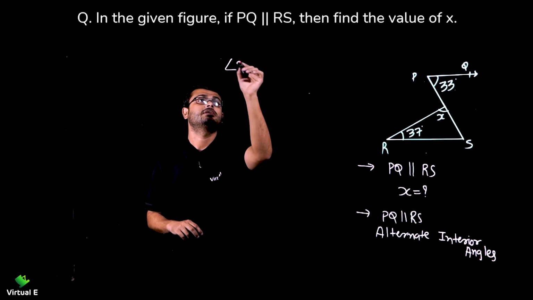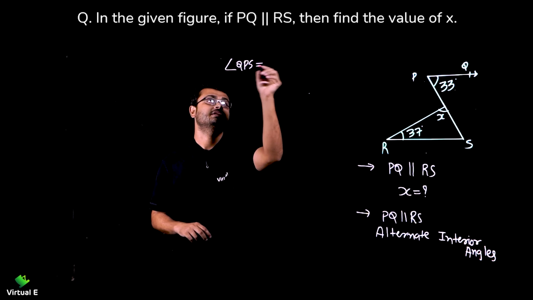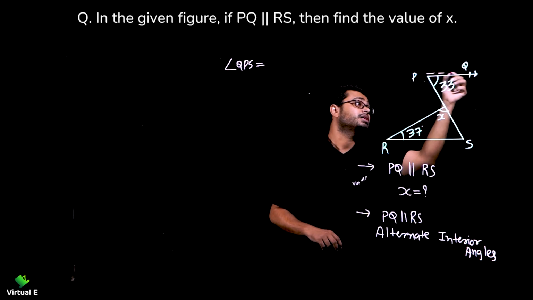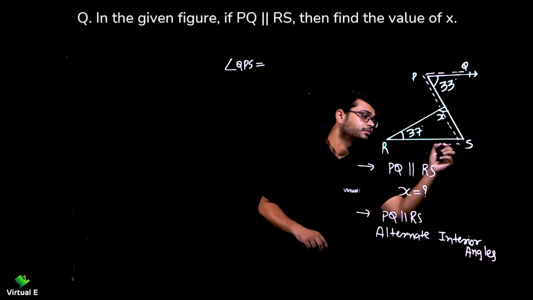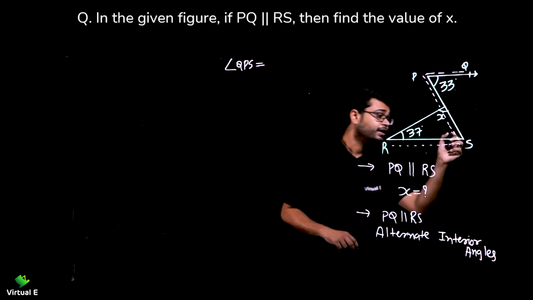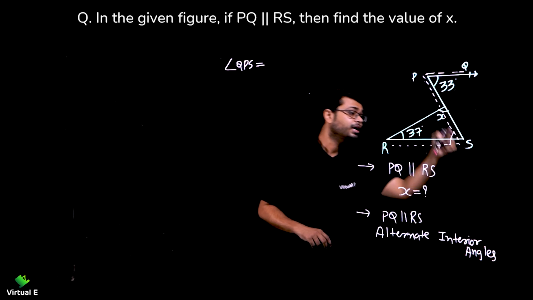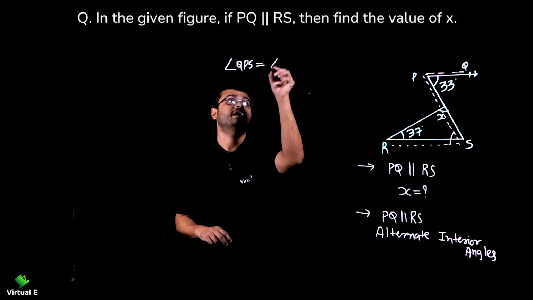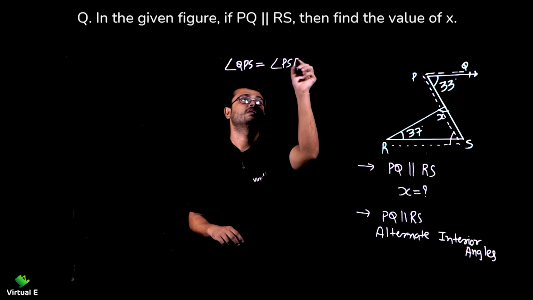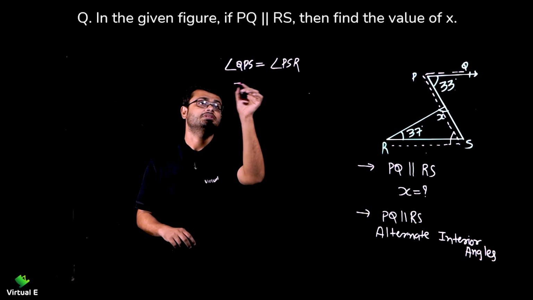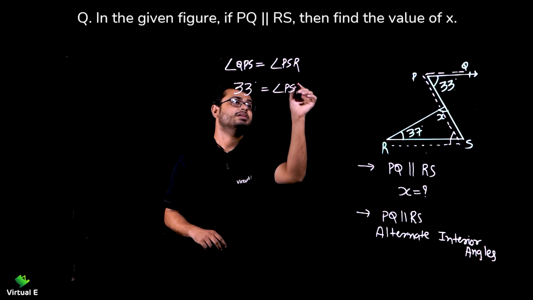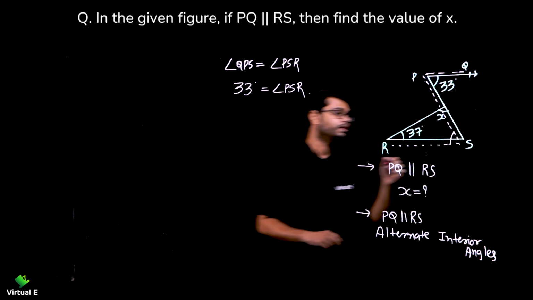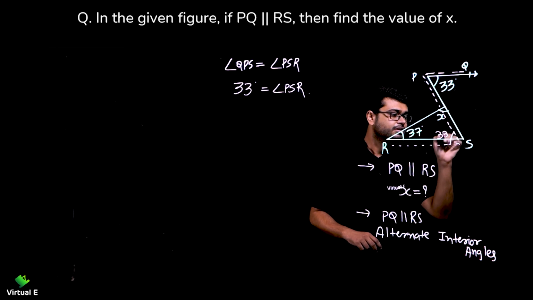Angle QPS is equal to, see, if we draw this Z, it will look something like this. So what angle is it here? That is angle PSR. Here the value is 33 degree. So what will be the value of angle PSR? That is 33 degree.